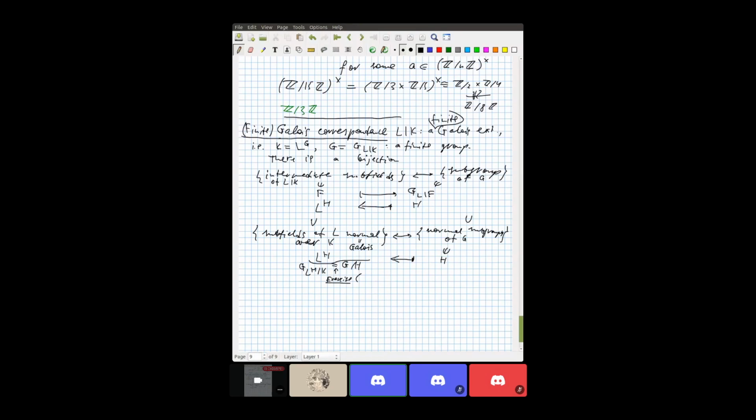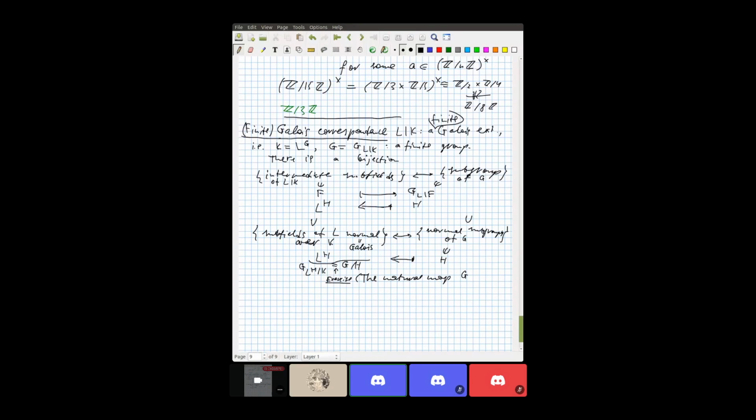So this means that the natural map from G to the automorphisms of this fixed field is surjective.